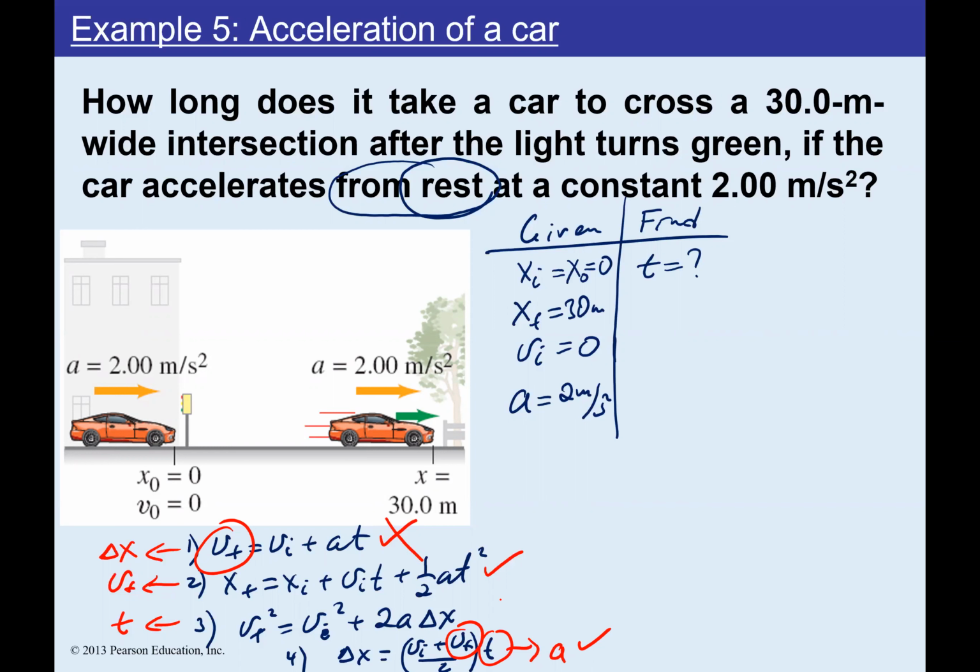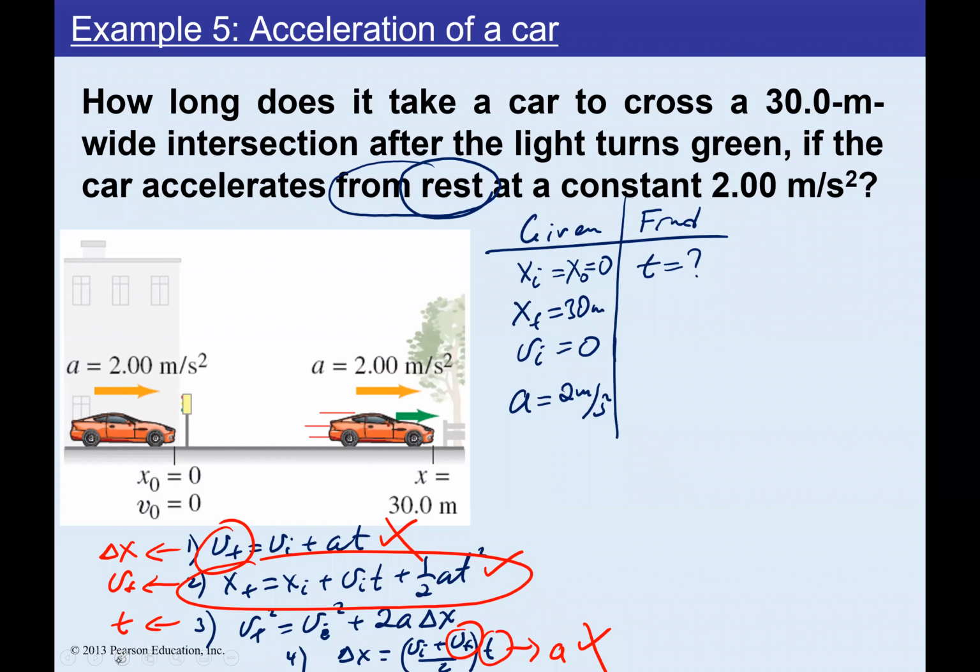That means we can't use this and we can't use that. How about equation 2? Equation 2 has time, which is unknown, but then it requires X final, X initial, V initial, and acceleration, which we have all of, and it doesn't even include V final, which we don't have. That means we're good to go. That's the equation that we need.